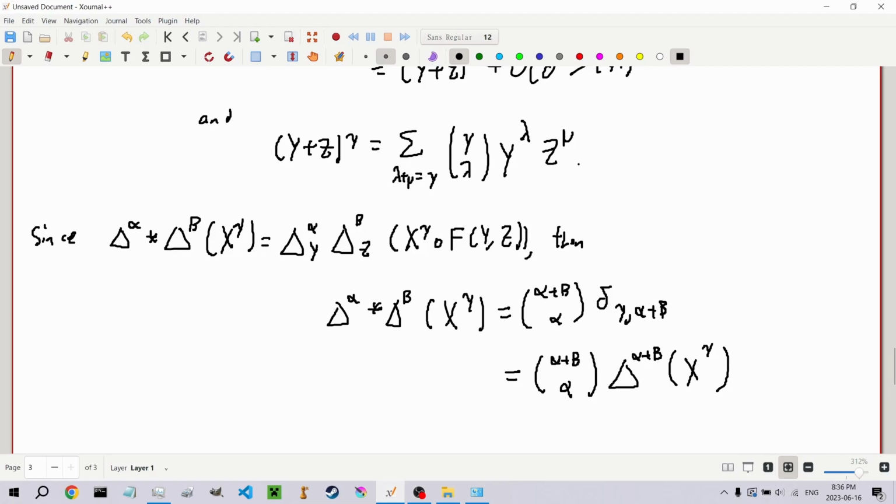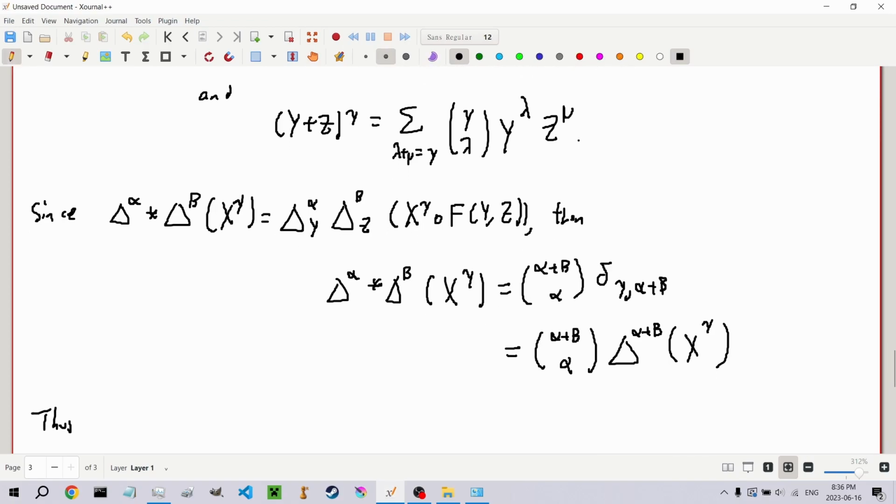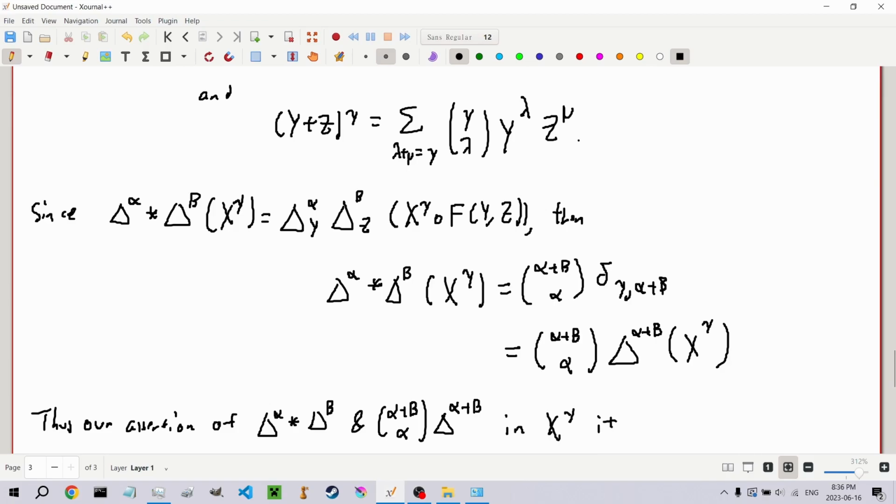And this gives our assertion of the action of delta alpha times delta beta, and alpha plus beta choose alpha times delta to the alpha plus beta in x to gamma if gamma is bigger than alpha plus beta.